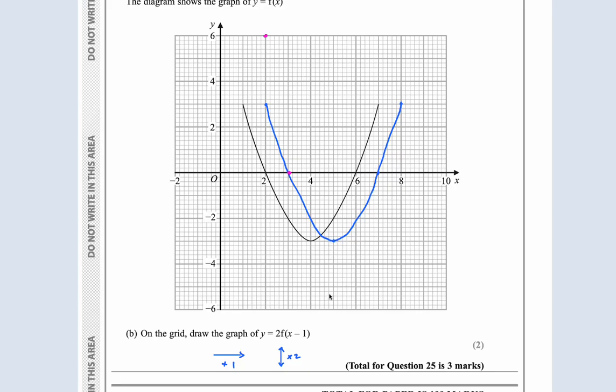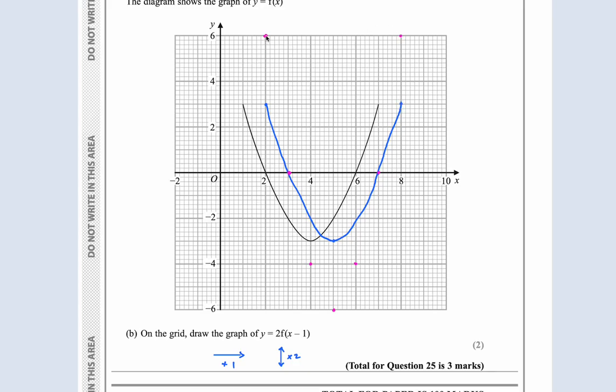What's double -3? Well, it's down to -6. Then this guy, -2 goes to -4. My -2 here goes to -4 as well. The 0 times 2 is 0. And finally, the 3 times 2 is here.